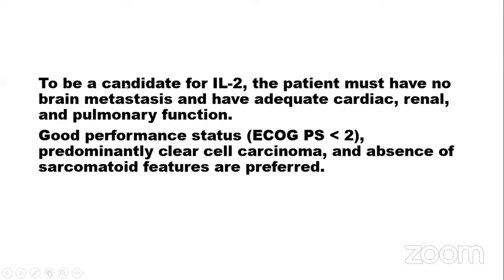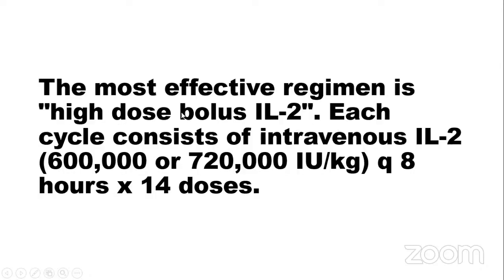To be a candidate for interleukin-2, the patient must have no brain metastasis and have adequate cardiac, renal, and pulmonary function. A good performance status, that is ECOG less than 2, and a patient with predominantly clear cell carcinoma or absence of sarcomatoid features, are preferred.